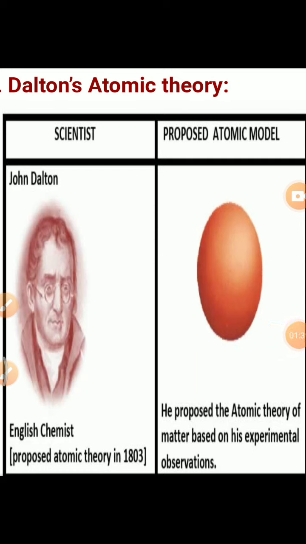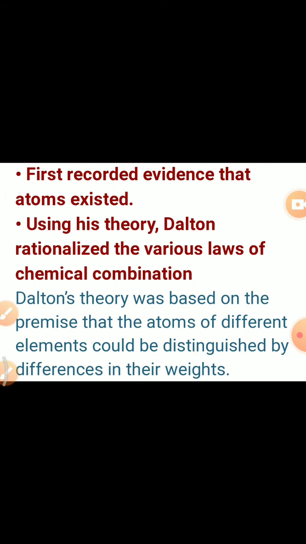There was a scientist, John Dalton, and he proposed the atomic model. He proposed the atomic theory of matter based on his experimental observations. Now let us learn what he did. First, he recorded evidence that atoms existed.